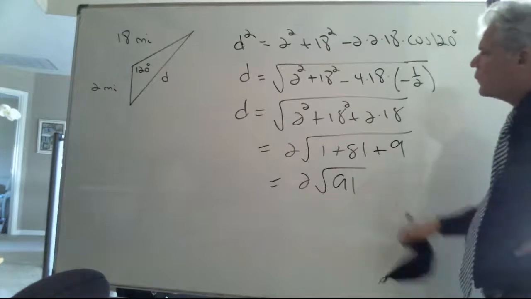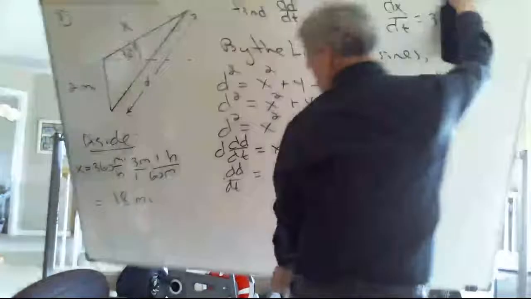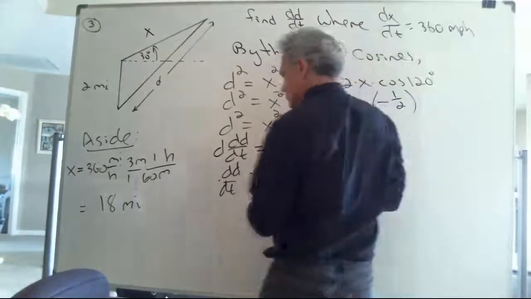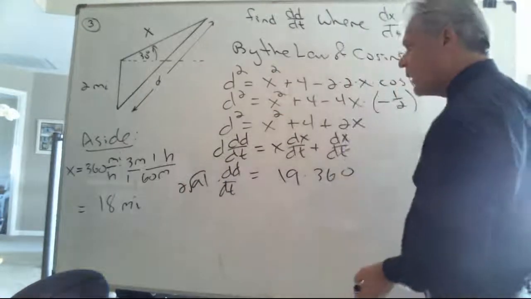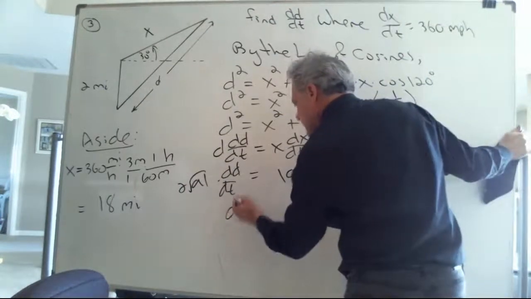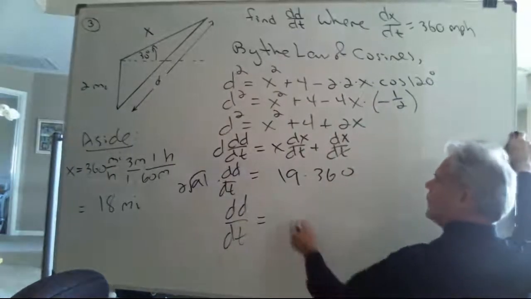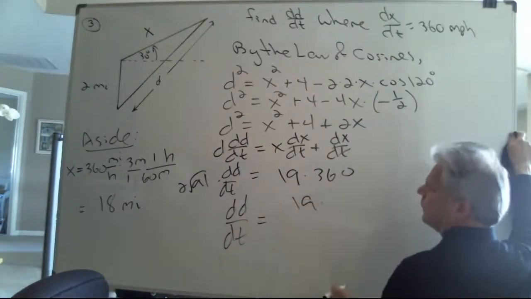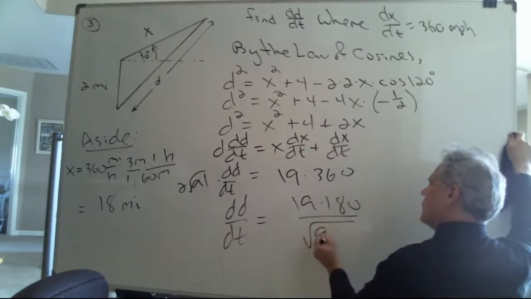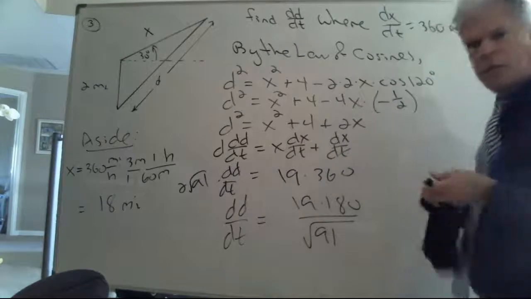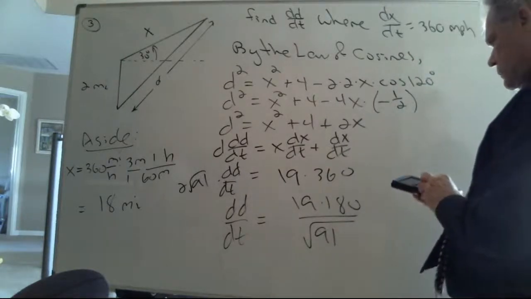I can't break it down any further. So I do have a d value of 2 root 91. And I think I'm in business. I guess in the end that means dD/dt is equal to this. Now, if you guys don't mind, can I just very briefly get an approximation of that?